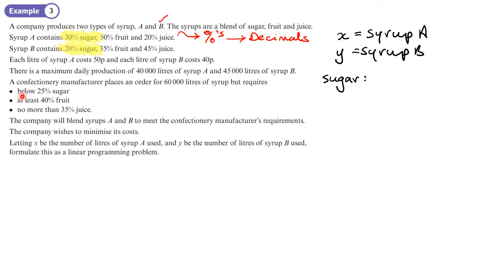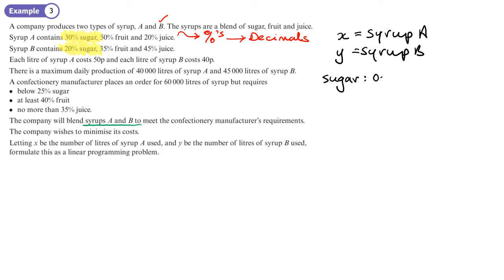Okay, now there's some other information about sugar down here, but we actually need to read further down to see what's going on. It says the company will blend both of the sugars. So in other words, the sugars are going to be mixed together. And in that blend of syrup, and 60,000 litres of this syrup, the amount of sugar needs to be below 25%. So this is how we're going to write it. So syrup A, 30% sugar.